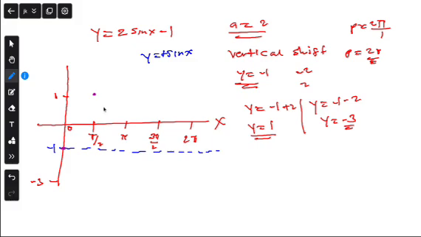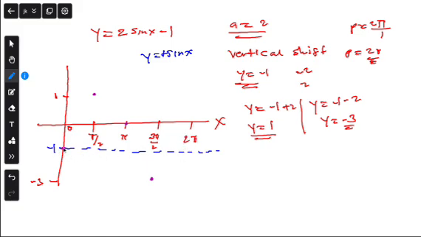Then the next dot is going to be the dot where we are going to have 180, 0, which is somewhere here, right? Then the fourth one is going to be the dot where we are going to have 270, -3, which is going to be somewhere here. Then the last dot is going to end here where we are going to have 360, -1.